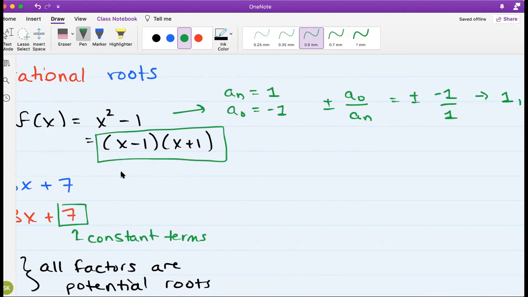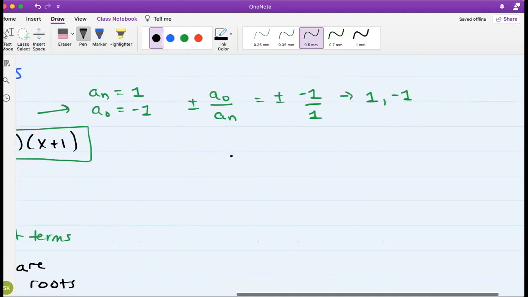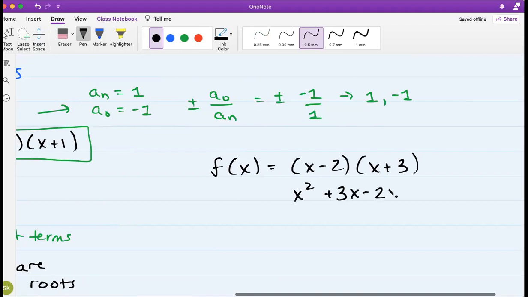Let me show you another example. So let's go with f of x is x minus 2 times x plus 3. I'm going to FOIL this out. So we get x squared, plus 3x minus 2x minus 6, which is x squared plus x minus 6.